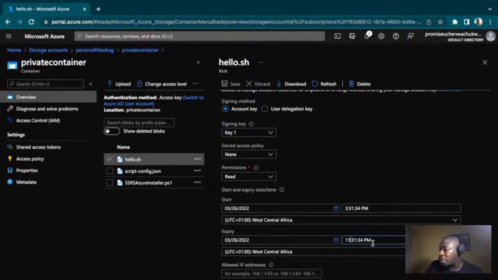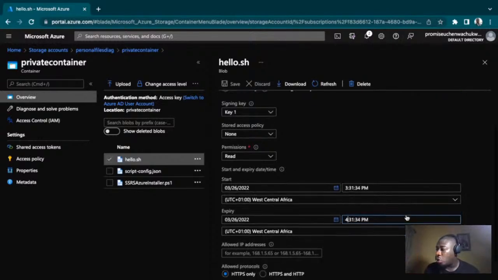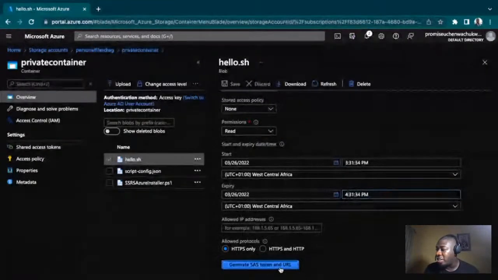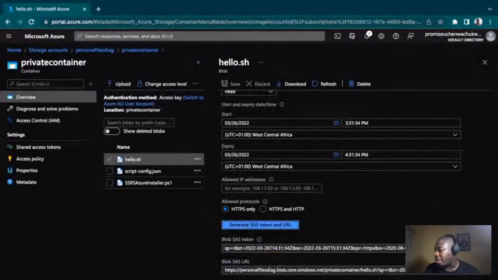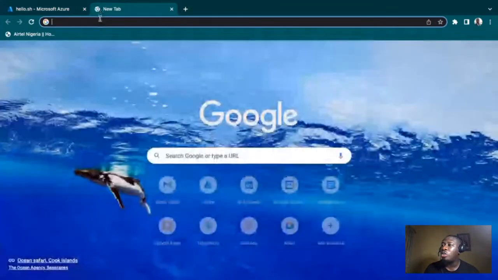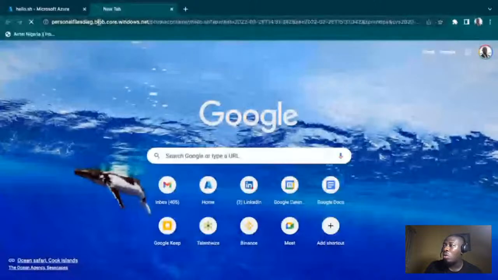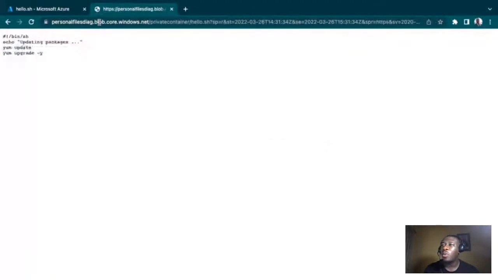So I'm going to make it 4:31 p.m. That means that anybody can access this file within 1 hour, right? So what I'm going to do is just generate the SAS key, meaning that someone could come here, click on this, and they should be able to access this over the browser. Wow, can you see this?